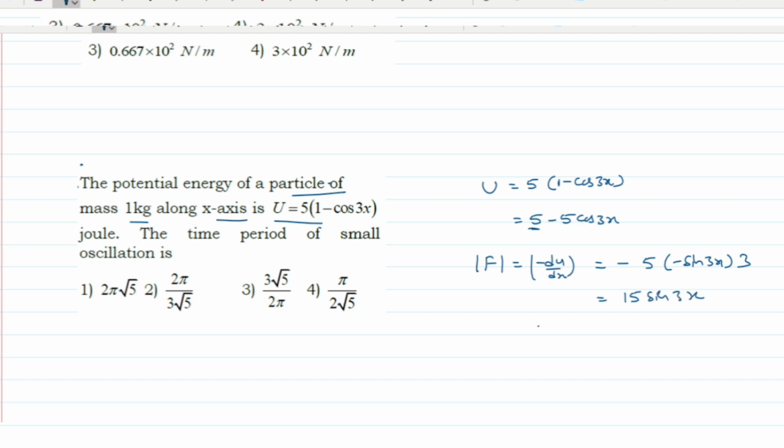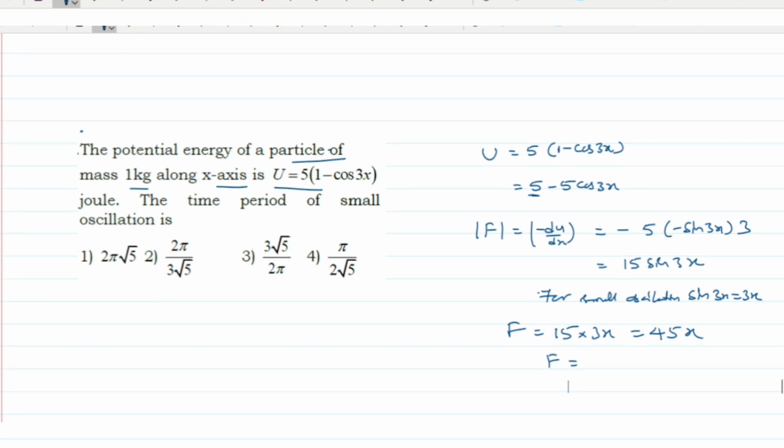For small oscillations, sin 3x can be taken as 3x. So F value is 15 into 3x, which is 45x.